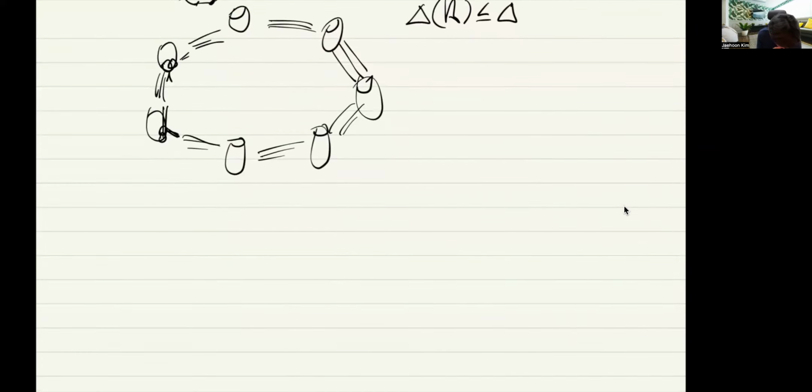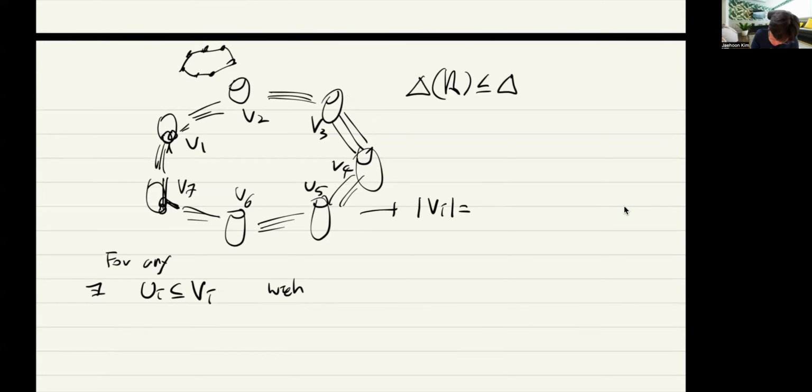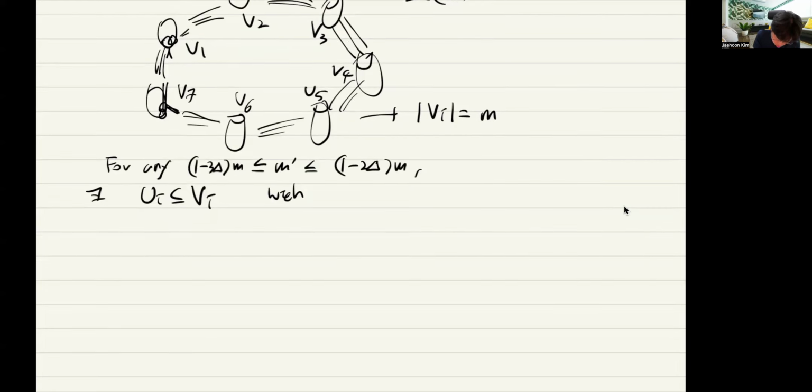Then what you can get is that let's say you have B1, B2, B3, B4, B5, B6, B7, so that there is U_i subset of B_i. Every B_i has size M, say, for any M prime which is between 1 minus 3 delta times M and 1 minus 2 delta times M. And you can find U_i for each i such that this U_i has exactly M prime vertices.